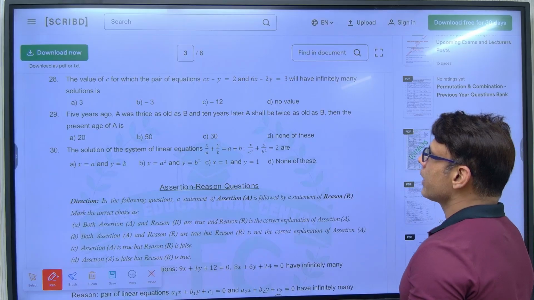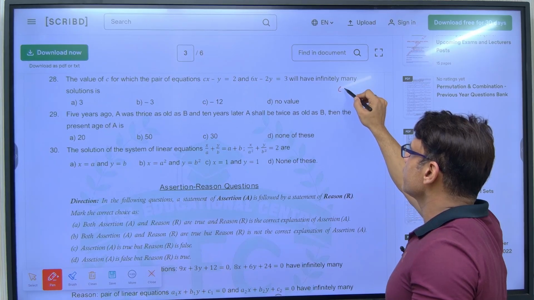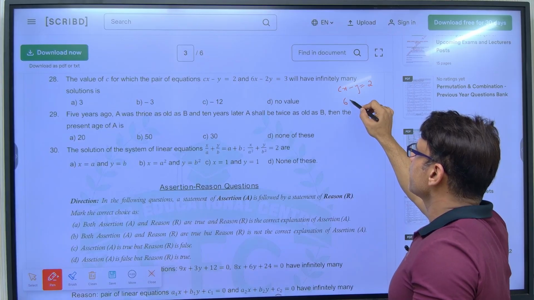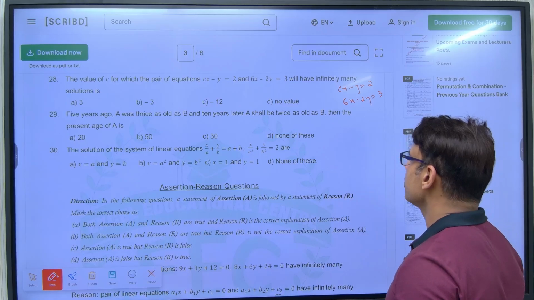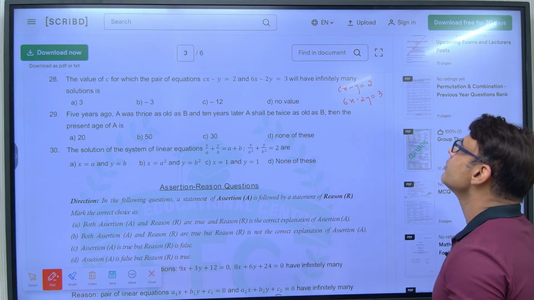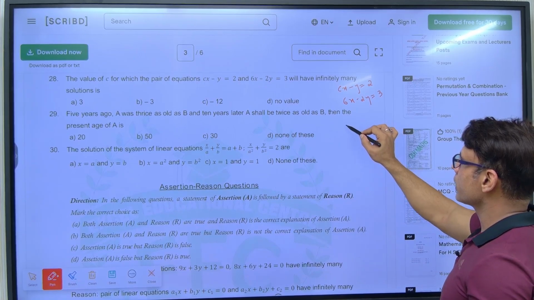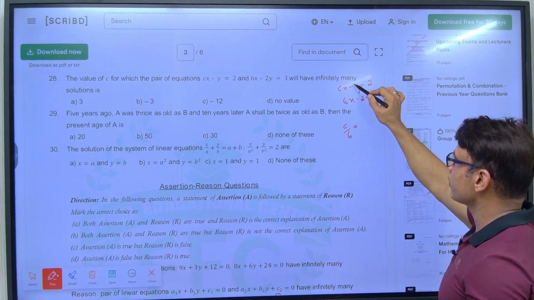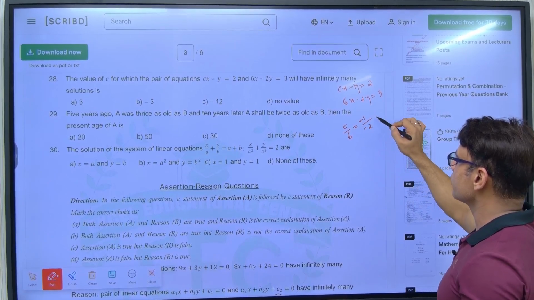In this case, the value of c for which the pair of equations cx minus y is equal to 2 and 6x minus 2y is equal to 3 have infinitely many solutions. For infinitely many solutions, the condition is c by 6 should be equal to the coefficient of y, which is minus 1 over minus 2.